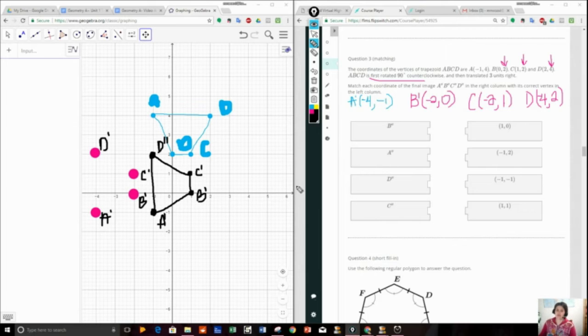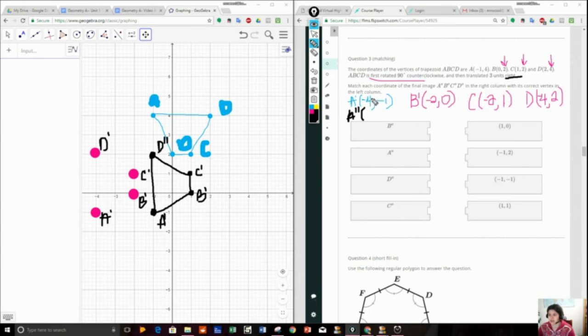And if you don't have graph paper and you're a visual person, I would highly recommend using graph paper. The other way we could do it is by algebra. Because it says right, that means we're talking about the x-axis. So we could have said, okay, A double prime, we're translating it 3 units right.